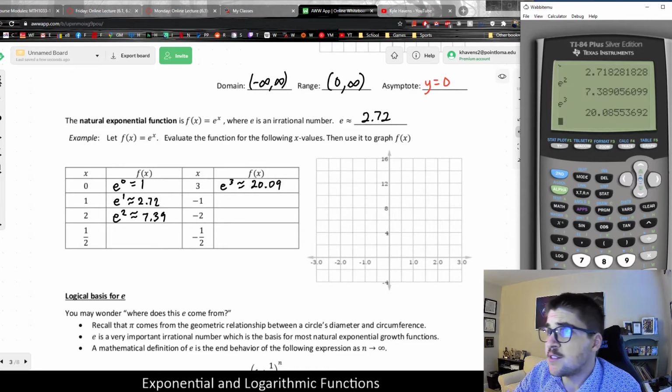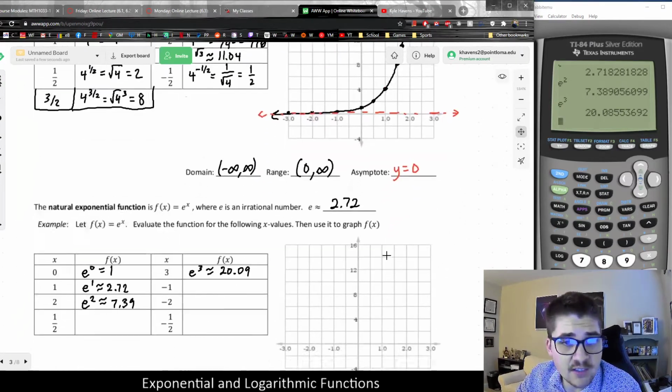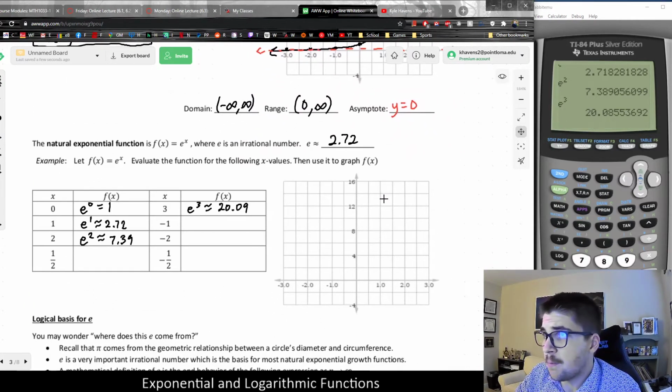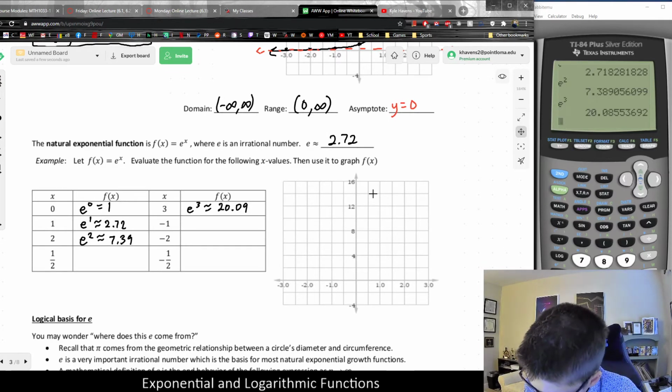It's going to look very similar to our graph of 4 to the x from the previous video. Notice it has the same exact y-intercept right there at 1. e to the 1 is going to be about 2.7, somewhere about there. e squared is going to be about 7.39. And e cubed is going to be up at about 20.